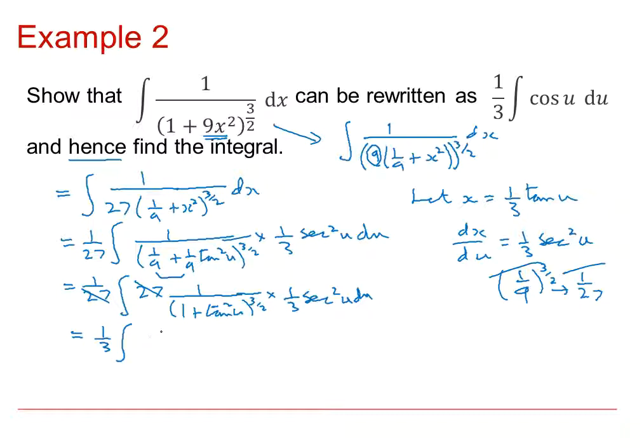We've got a sec squared u in the numerator, and if you have a careful look at this denominator, 1 plus tan squared u is sec squared u, and to the power 3 over 2 is sec cubed u du. This cancels down to 1 over sec u, and 1 over sec u is of course cos u. So we've done the first part of the problem, which was to rewrite the integral as a third cos u du.